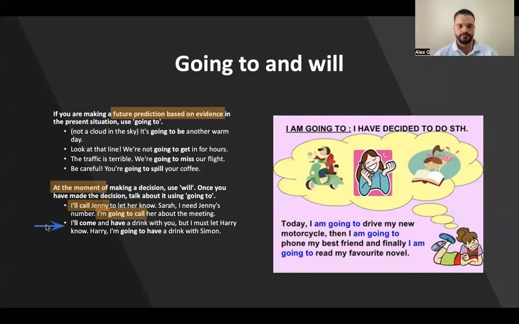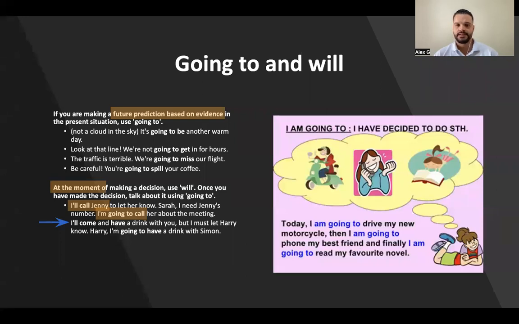Another example could be, I'll come and have a drink with you, but I must let Harry know. Harry, I'm going to have a drink with Simon. So once something is established, once you have a plan, then you can continue to use going to. But at the moment of speaking, make sure to use will.